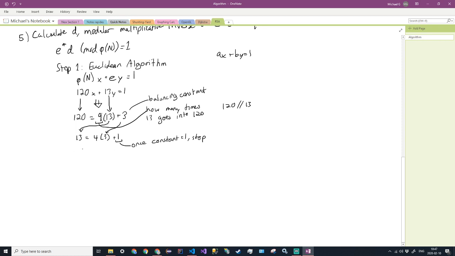So if we did continue this, 3 would equal something times 1, plus 0. But for the RSA purposes, we just want to stop when the constant is equal to 1. And you would find that this 1 is the greatest common denominator.